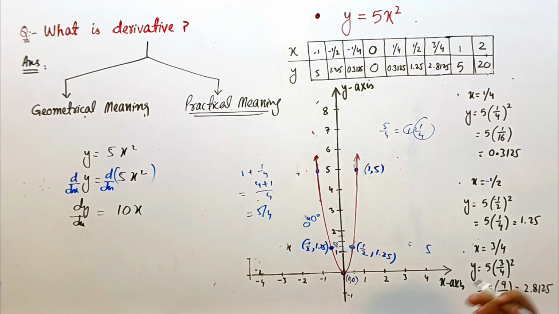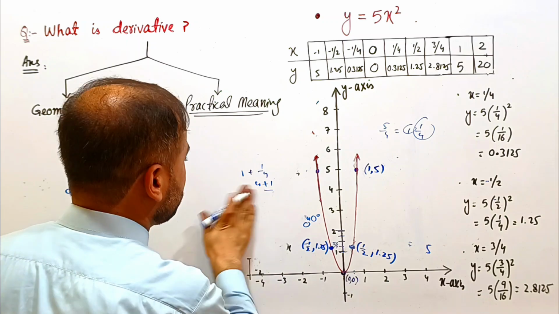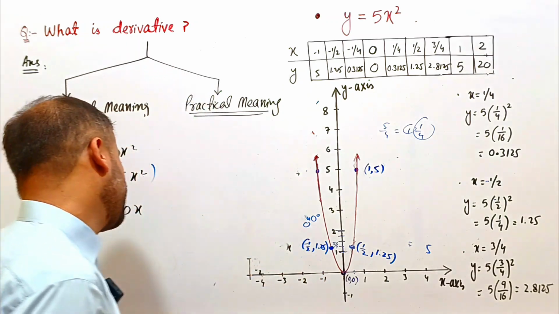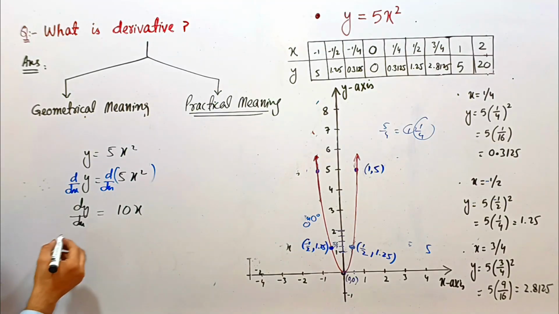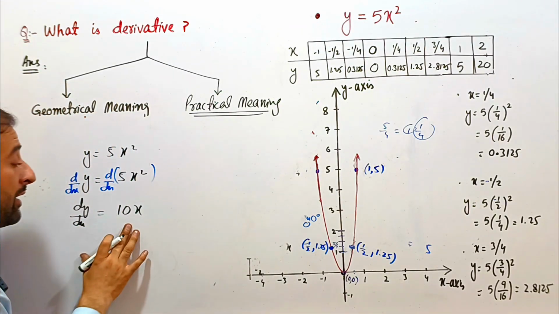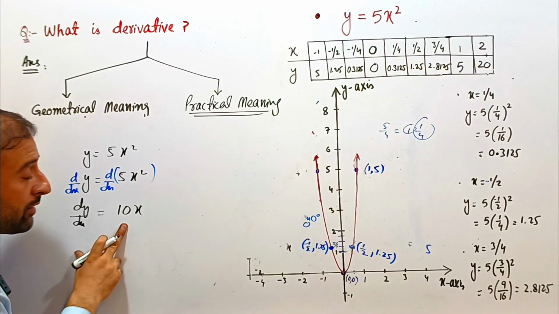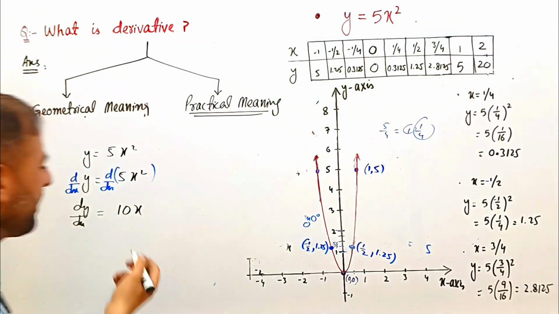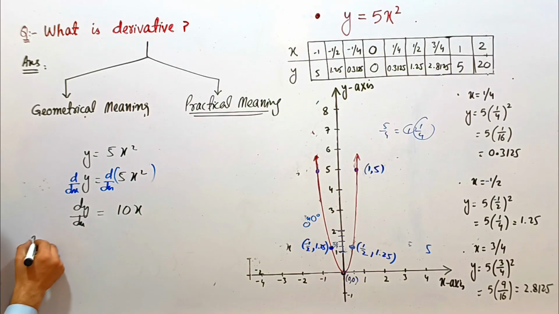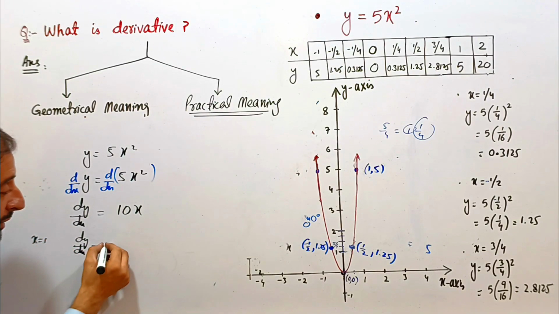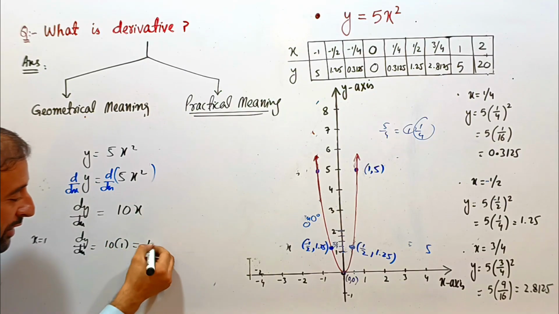This is the graph. Now, my sweet students, once again, just to have connectivity with the previous, for example, somebody asks you, okay, what is the meaning of this geometrically? You say just put some number in this x, the value of x. For example, I put x is equal to 1, the derivative will be equal to 10 times 1, which is 10.